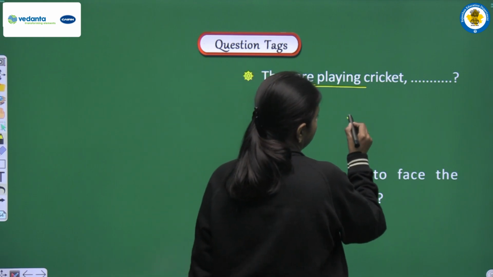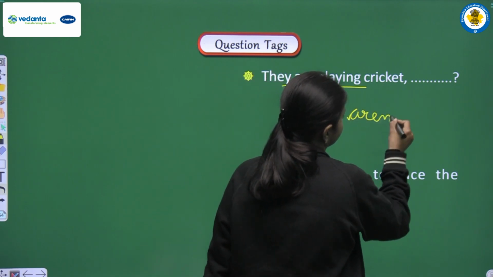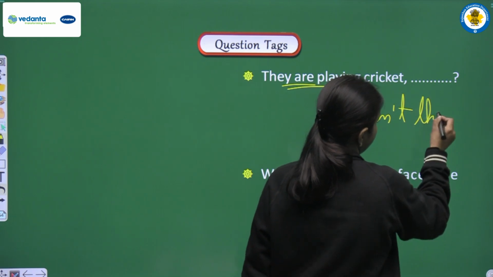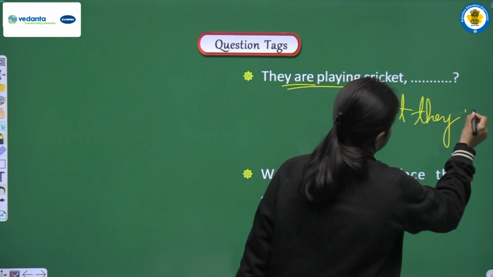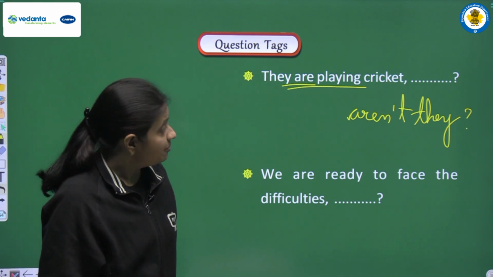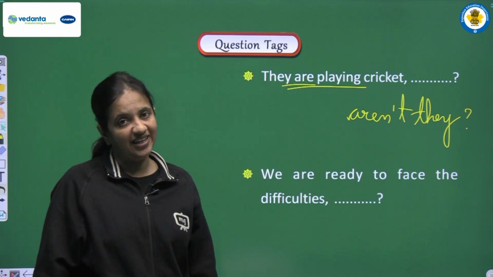So I am writing here aren't. And the pronoun we are having is they, so we will use the same pronoun, aren't they. This is the question tag, and the complete sentence will be they are playing cricket, aren't they?